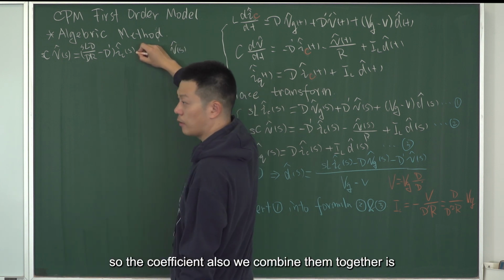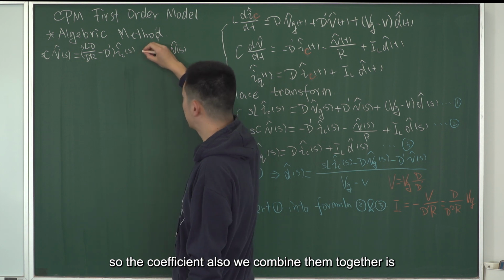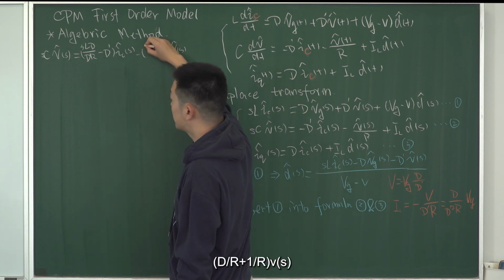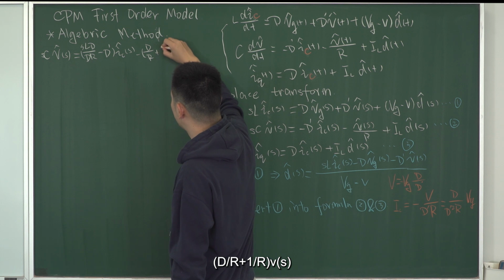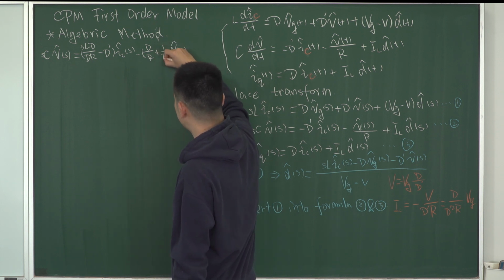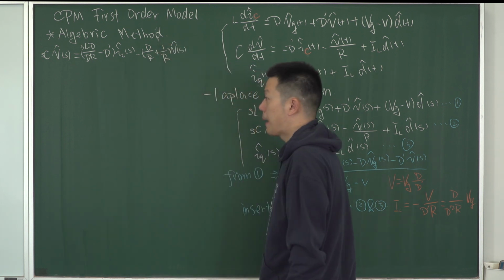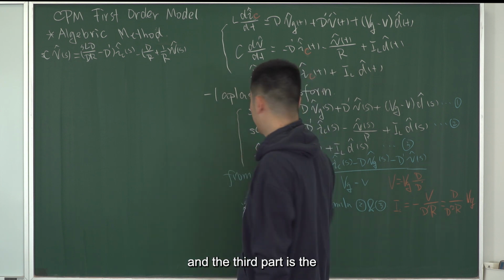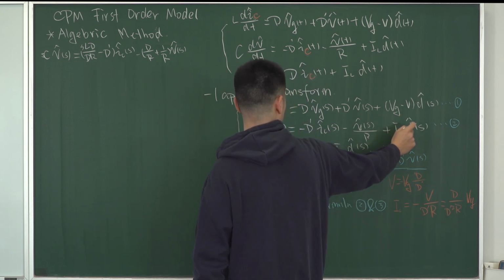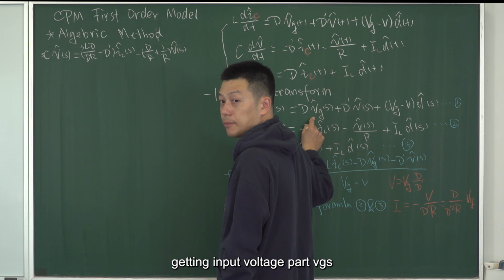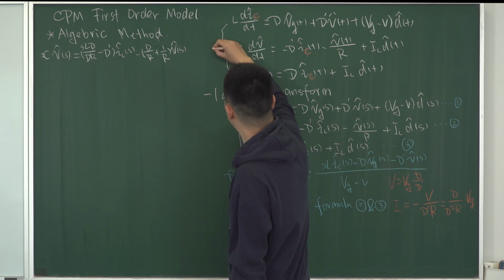So the coefficient, also we combine them together, is D over R plus 1 over R. And the third part is the gating input voltage part, VGS.